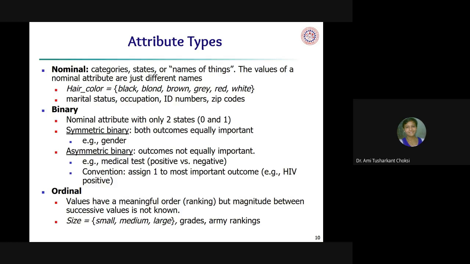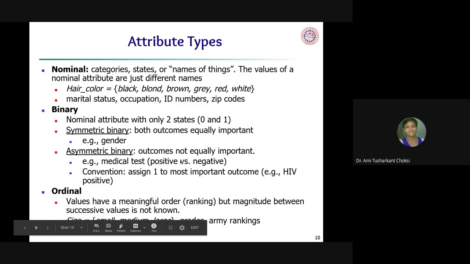So positive is important, negative is not so important, or we can ignore that, right? Okay. So symmetric binary is where both outcomes are equally important. Female and male both are equally important. But asymmetric binary, outcomes are not equally important, right?